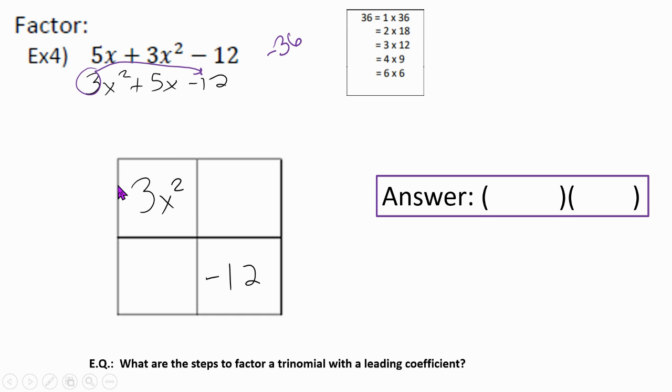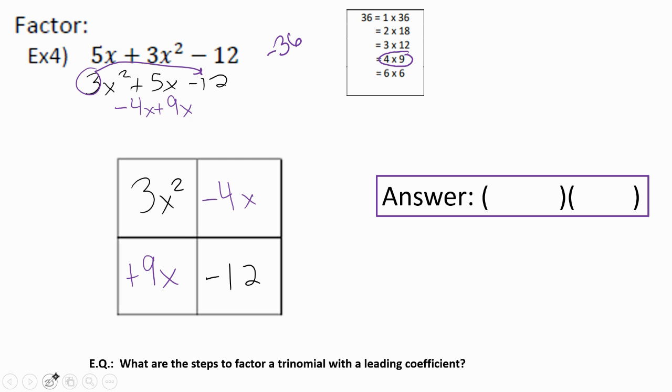So from this list, we know we have to do 9 and 4 because those subtract to 5. And so we need a negative 4x and a positive 9x. So that 9 minus 4 is 5. Oops, my bad, wrong button. All right, now we're going to put those on the side. Negative 4x plus 9x.